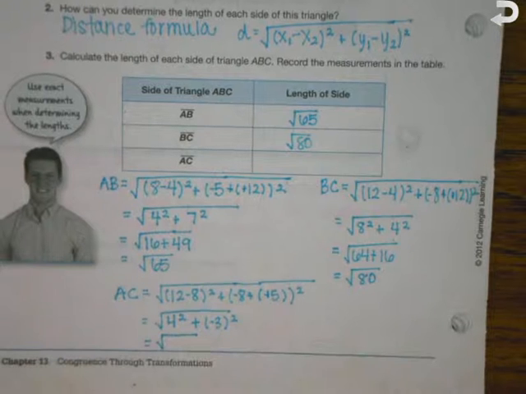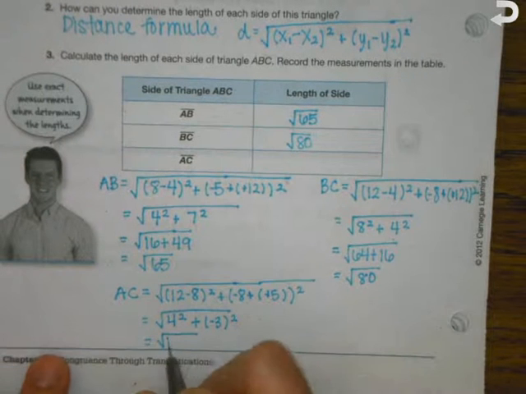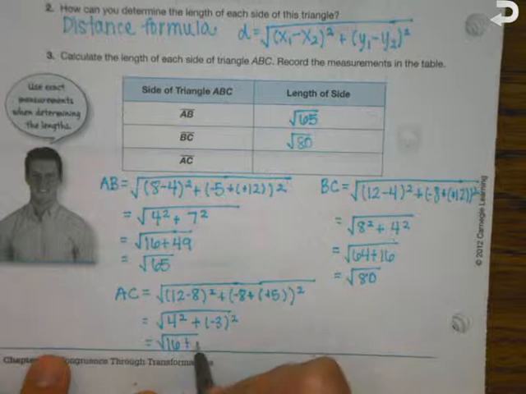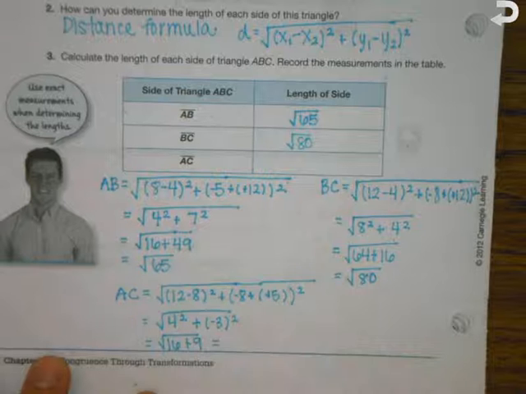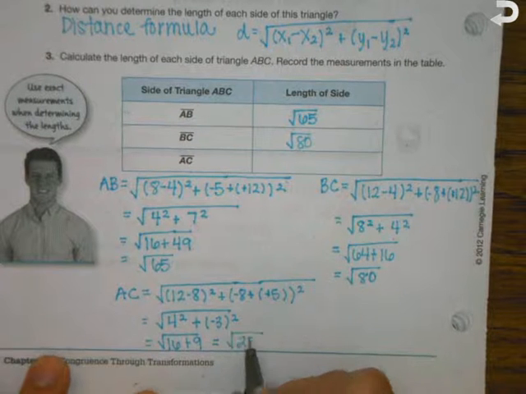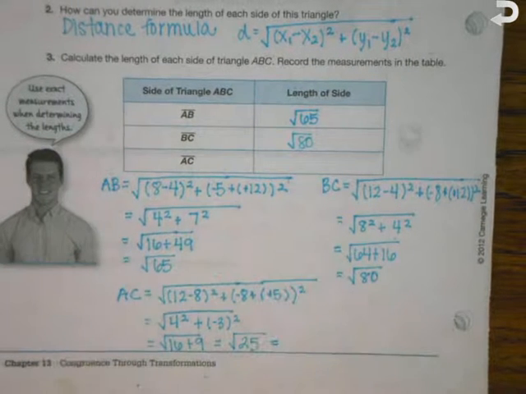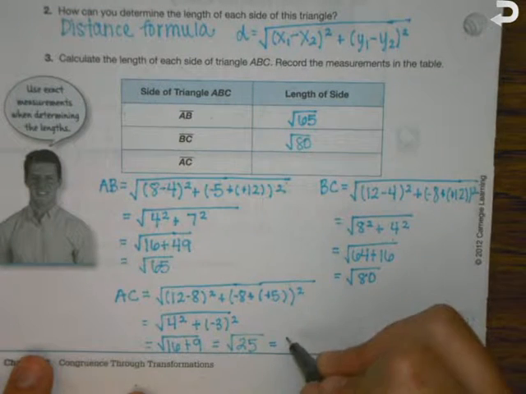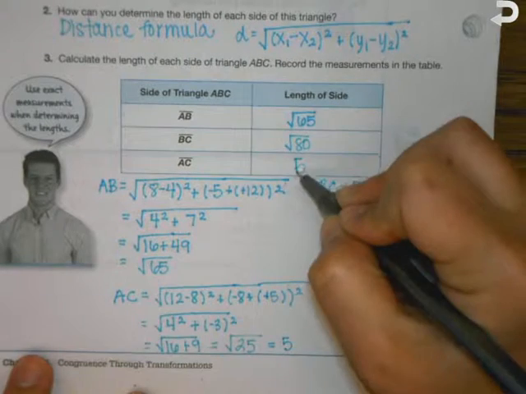Okay, 4 squared gives us what? Plus negative 3 squared is 9. What's 16 plus 9? Okay, so the square root of 25. Can we take the square root of 25? Yeah, what is it? 5. So the length of AC is 5.